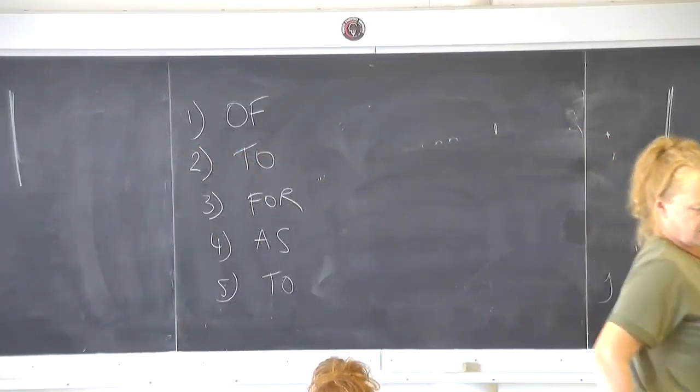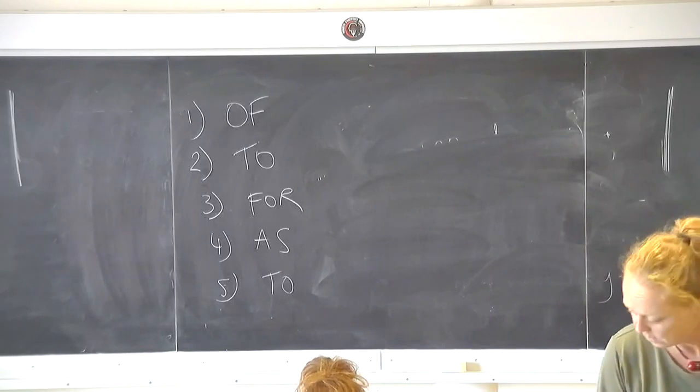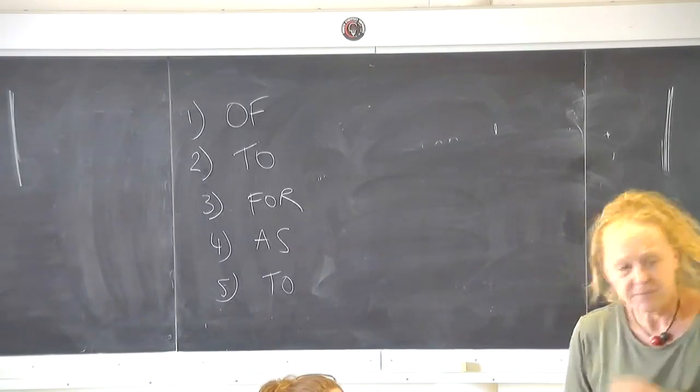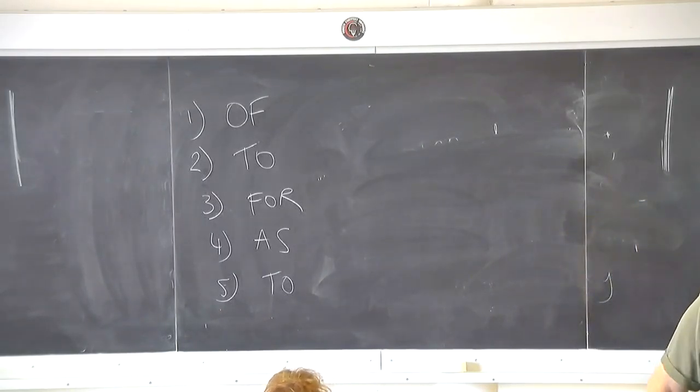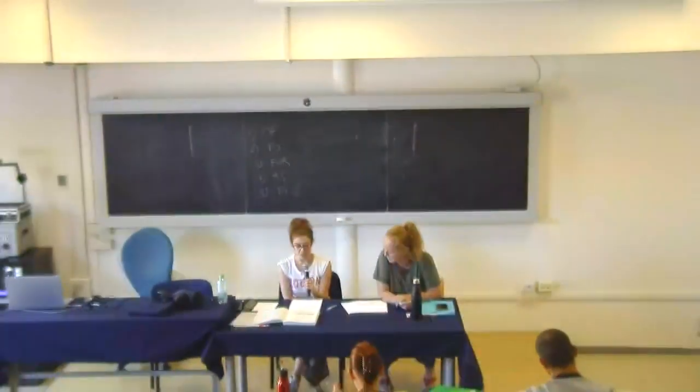Okay. Right. And more prepositions. So we have two more exercises with prepositions. The sentences below each contain a mistake in the use of prepositions. Underline the preposition that is not correct in each sentence.